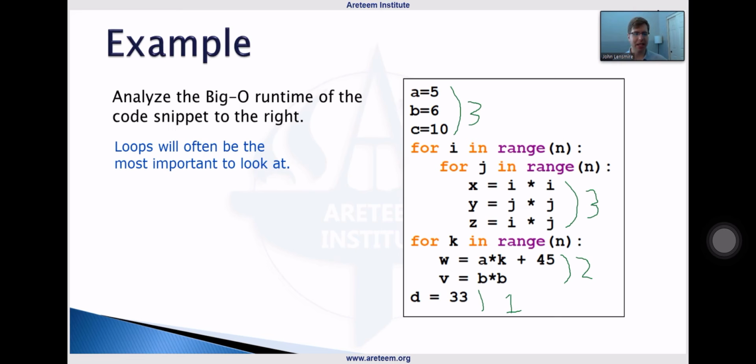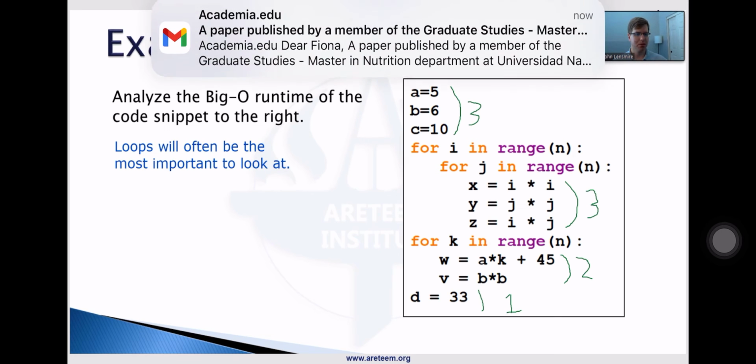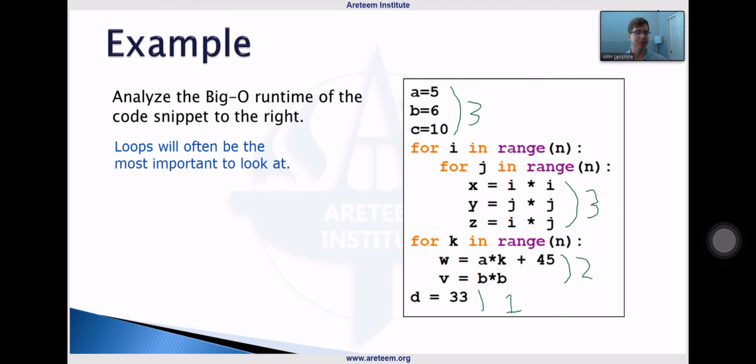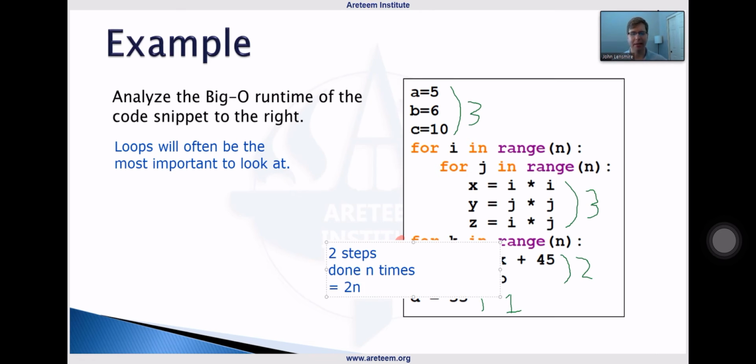In this case, both of our loops go from 0 to n minus 1, so both have n steps in the loop. The bottom one is pretty similar to what we've seen before: 2 steps done n times equals 2n steps in total.